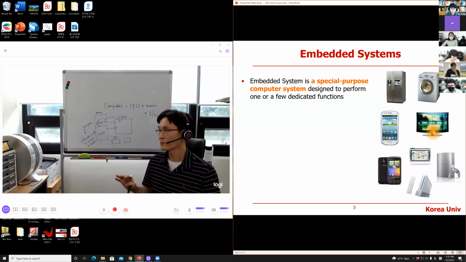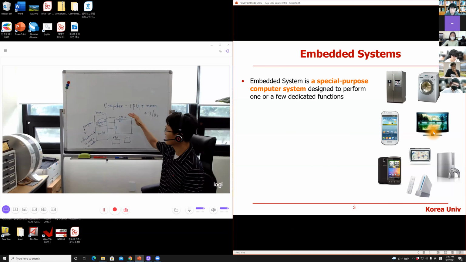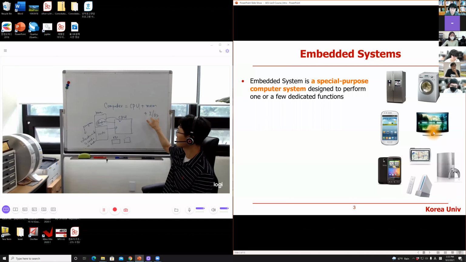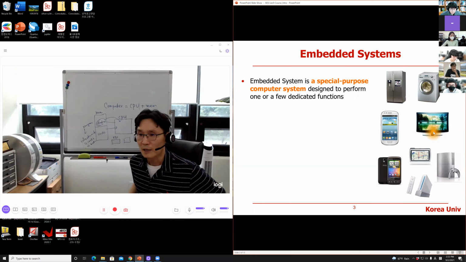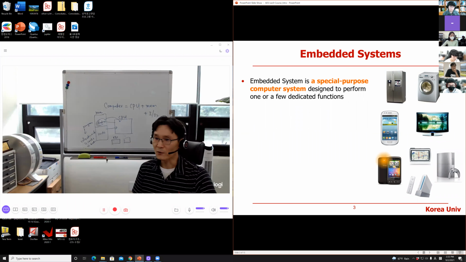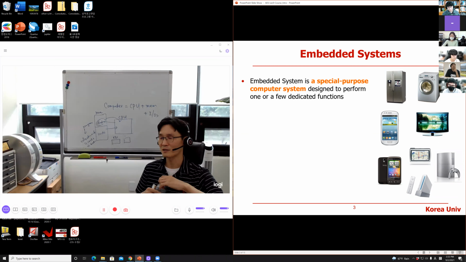So, simple. Again, from the hardware perspective, an embedded system also has CPU, memory, and I/O devices. That's it. Very simple, right? And what do you think? Smartphone. Do you think a smartphone is general purpose or special purpose? Is your smartphone a general purpose computer or special purpose?